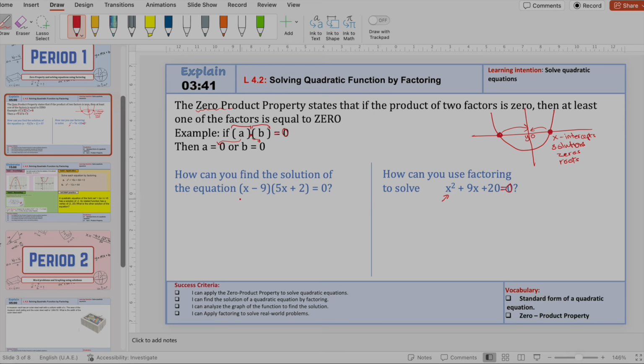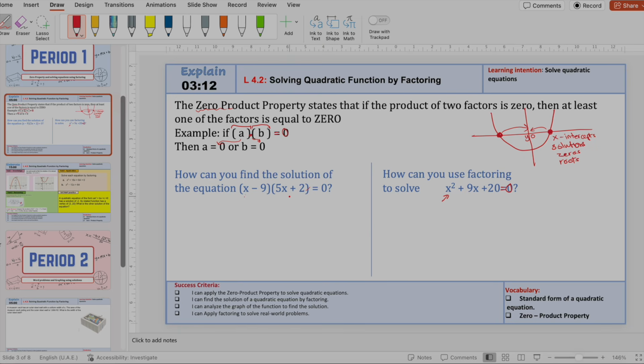We can use that to help us find the values of x that would make the whole statement equal 0, because if you try to solve it like this, you won't get anywhere. Last year we learned that if you want to solve an equation, you should have one variable. But here we have two variables and we can't really combine them. There's a multiplication here. If you expand, you get x squared, and you can't really reach anywhere from there.